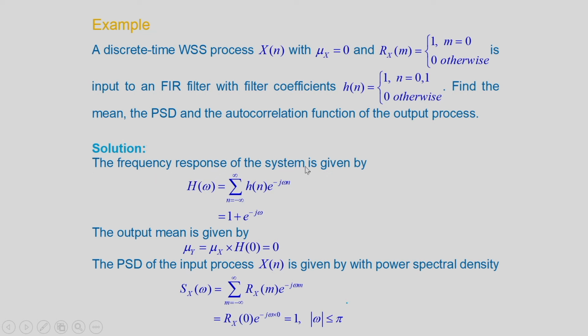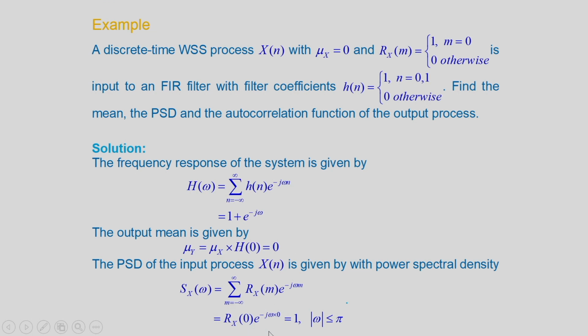The frequency response of the system, because this is the impulse response, we have to take the DTFT. So, the frequency response of the filter is given by summation h(n) e^(-j omega n), n going from minus infinity to plus infinity. But here for all other values of n, h(n) is equal to 0, only at n equal to 0 and 1 we will get h(n) equal to 1.